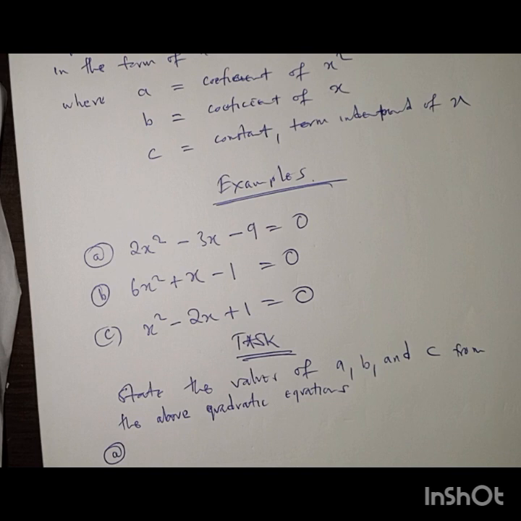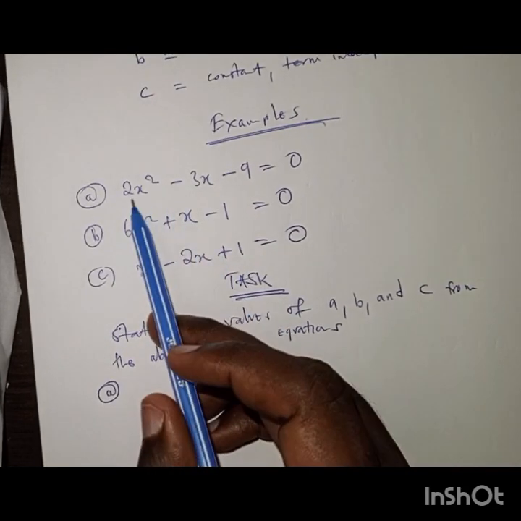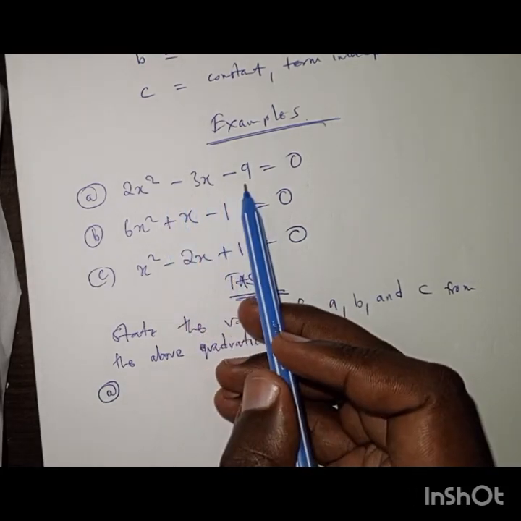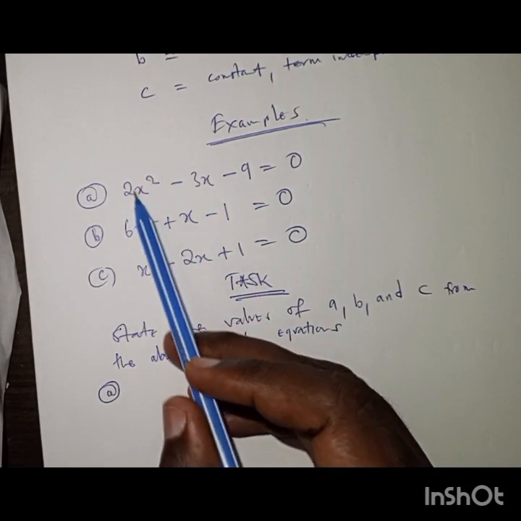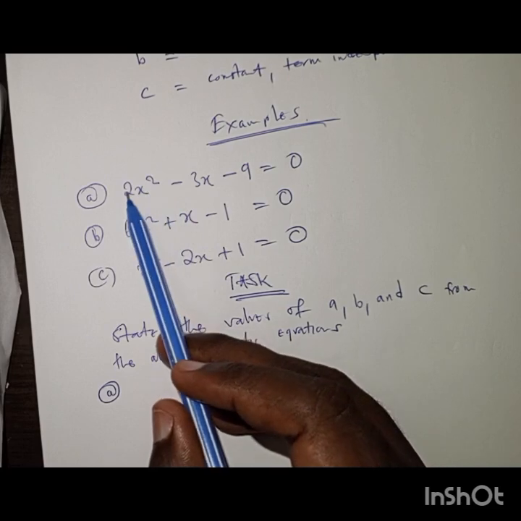Okay, so according to the expression, it's ax squared plus bx plus c is equal to 0. So the coefficient of x squared is always a. So if you look at this equation here, we have x squared here. The coefficient of this x squared is 2.